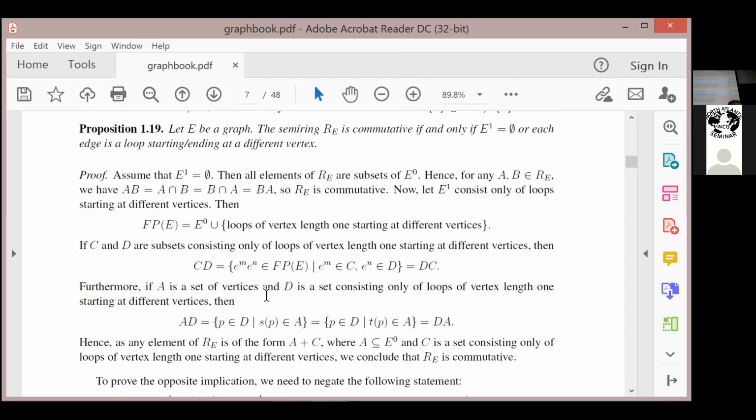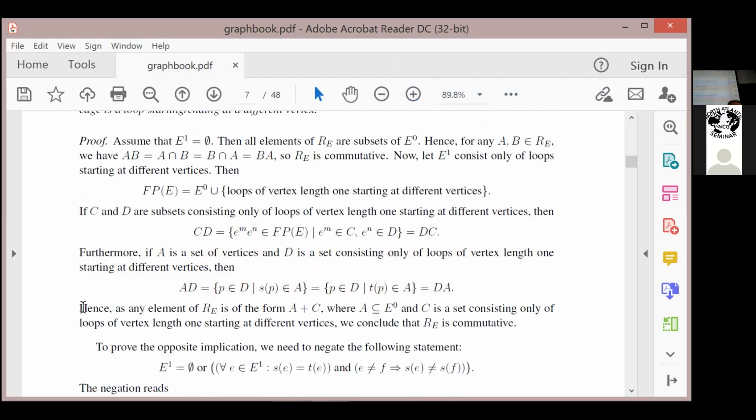So finally, we just have to observe that any element of RE can be written as a sum of A and C, where A is a subset of E0 and C is a subset of the second part. In fact, this decomposition is unique because this is a disjoint union. These two sets don't intersect. So then I have A plus C times B plus D, where B is the same type as A and D is the same type as C. So I get 4 terms.